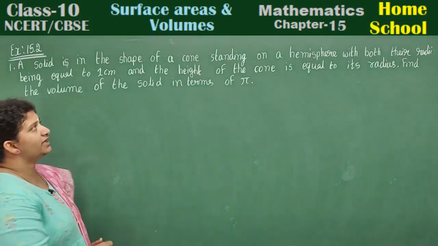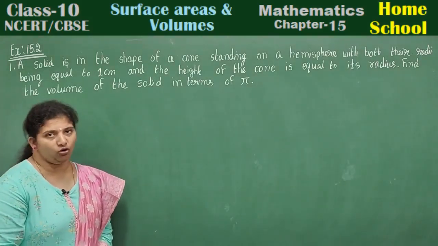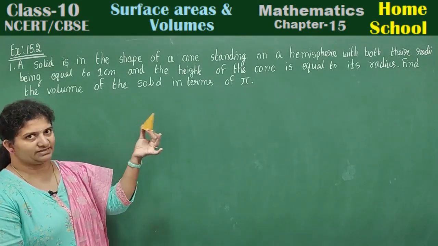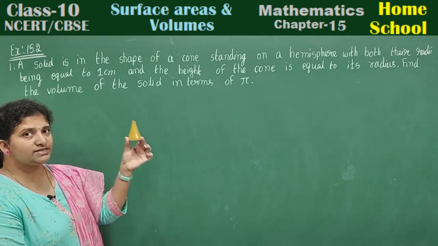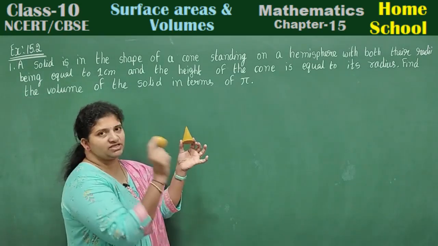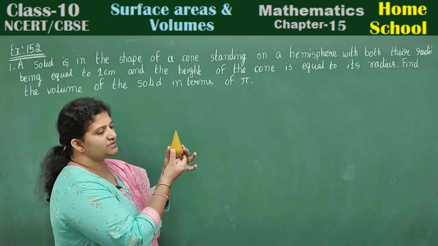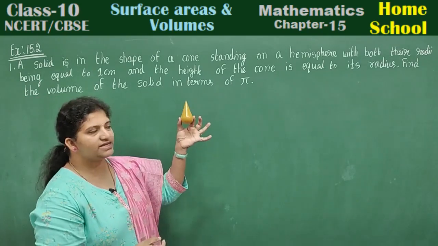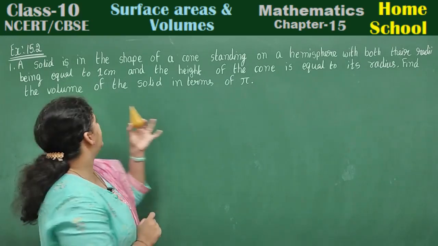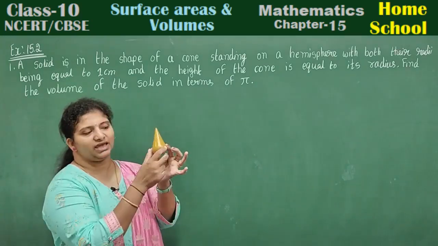A solid is in the shape of a cone. Imagine, is this the solid cone? Yes. A solid is in the shape of a cone standing on a hemisphere. This is the hemisphere. A cone is standing on the hemisphere with both their radii being equal.